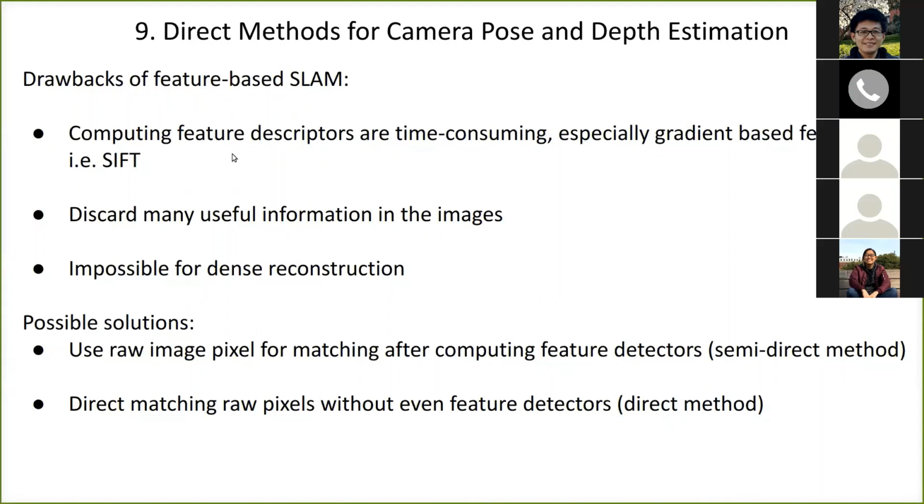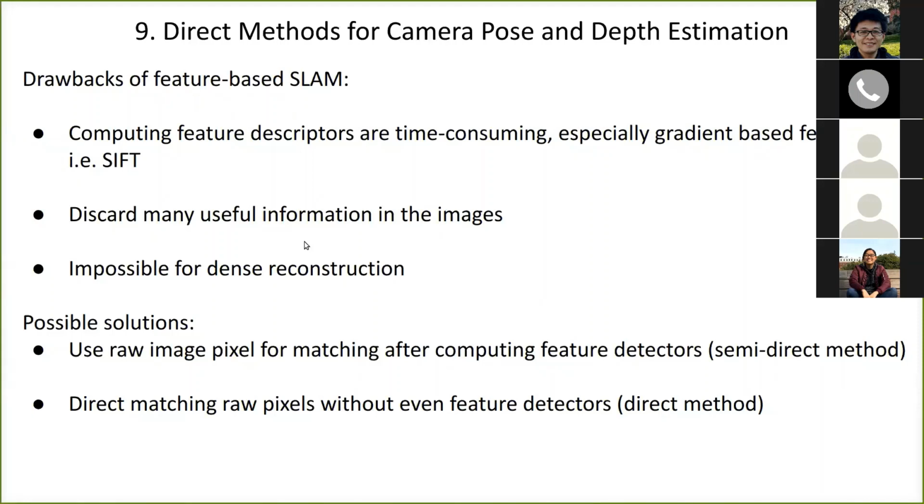And these feature-based SLAM algorithms always discard a lot of useful information in the image because they just take the interest points to do the feature matching and then compute the correspondence and then compute the rotation and translation. But thus, we cannot do dense correspondence. Okay, it's very hard to do dense correspondence with just sparse features.